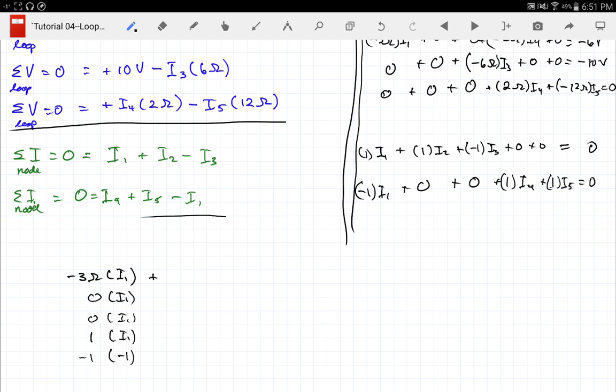Okay, so now I put the I's in parentheses, just changing which one I had in parentheses. So that's my first set.